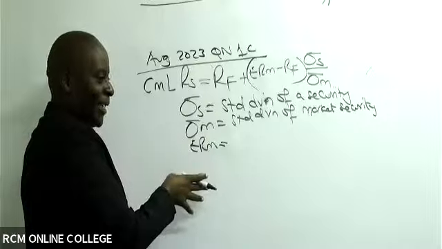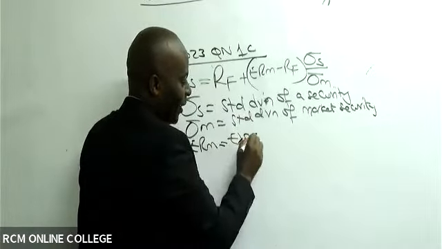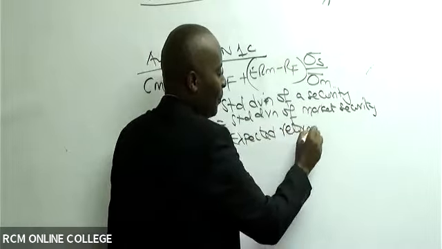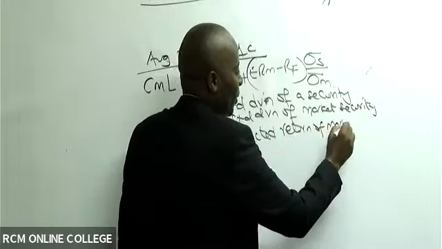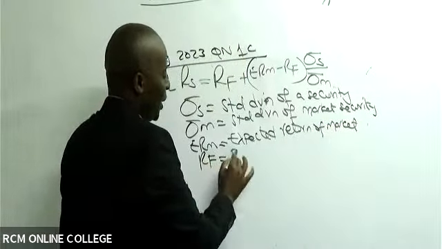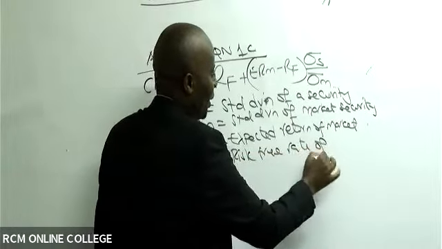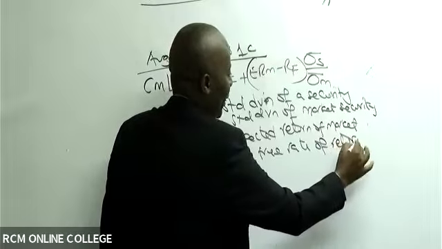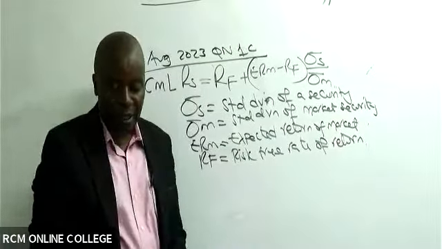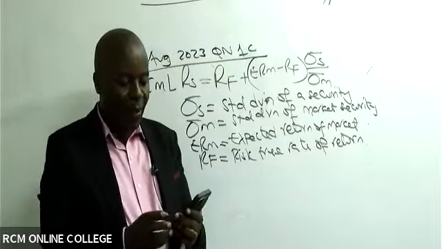ERM stands for expected returns of the market security, and RF is the risk-free rate of return. So let's get the CML returns for each security.